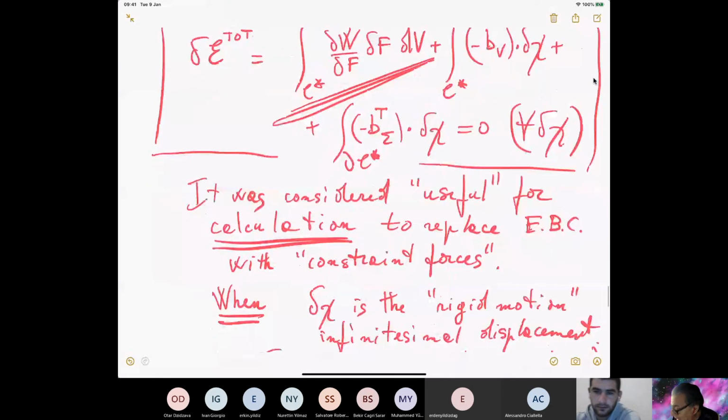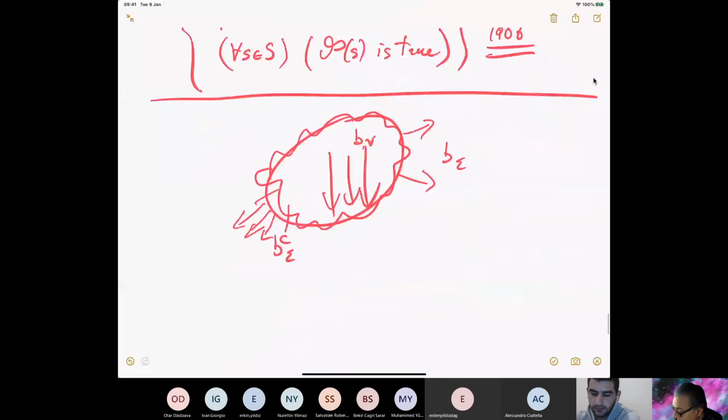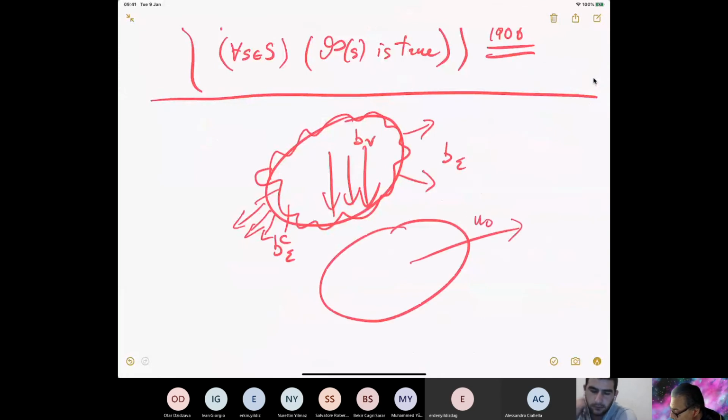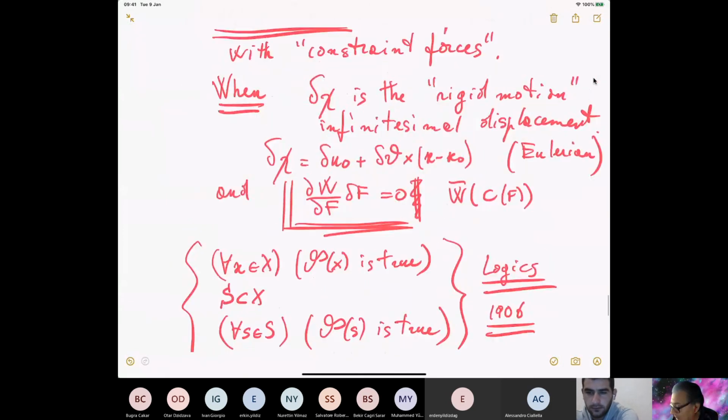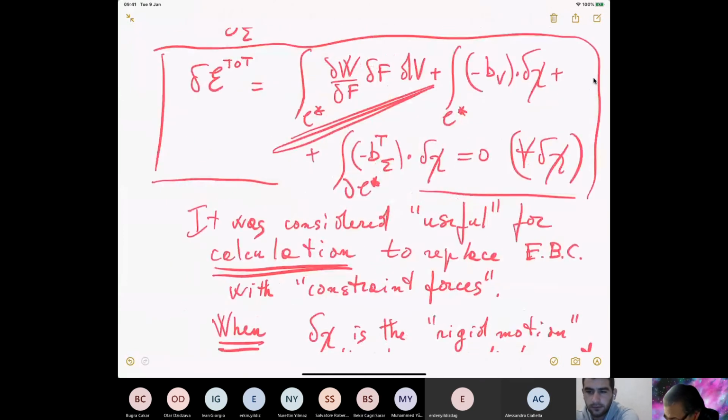If my variation of shape is a translation or a rotation, still this quantity must be equal to 0. However, in the particular case of rigid placements, displacements, this quantity is equal to 0.